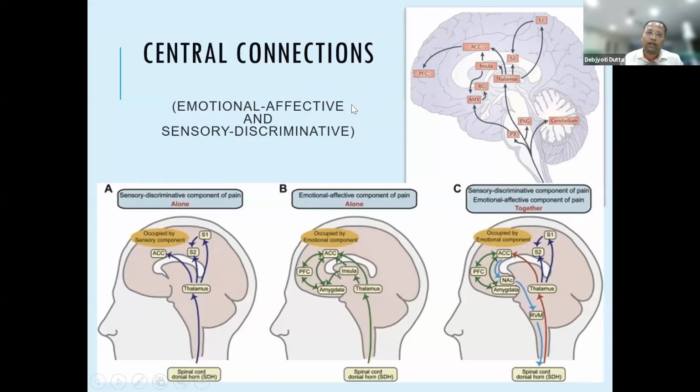One is emotional affective and the other is sensory discriminative. One part depends on sensory stimulation only, and the other is the emotional part of the patient, and both together affect the perception.